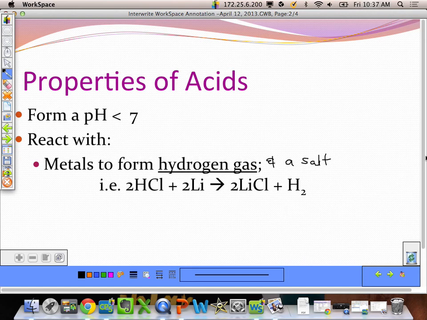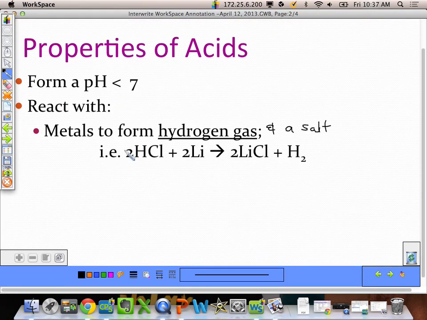So my first example, I have hydrochloric acid reacting with lithium, an alkali metal, gives me hydrogen gas. So I've got diatomic, remember that one, it's going to always be diatomic when on its own. Diatomic hydrogen gas. And then I have to look at the leftover stuff.